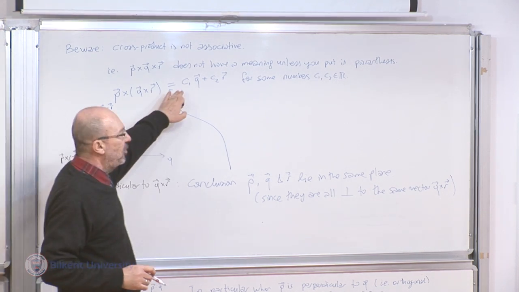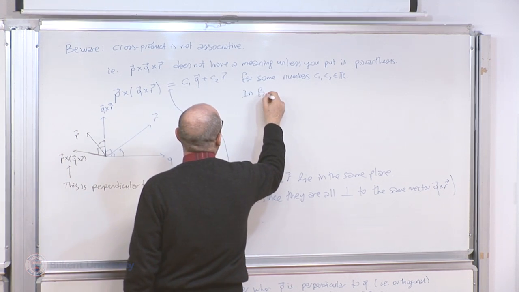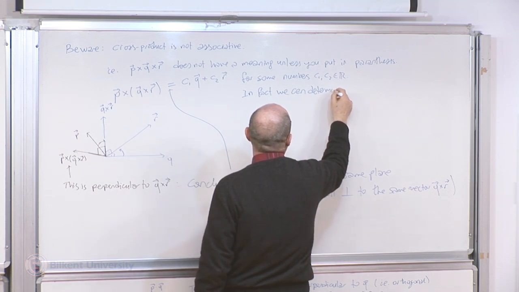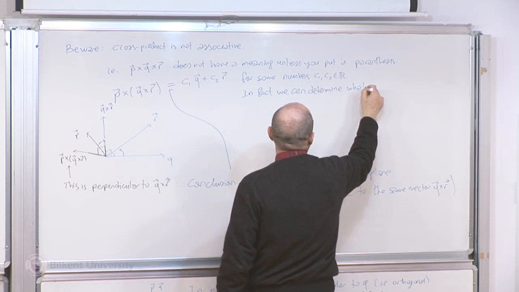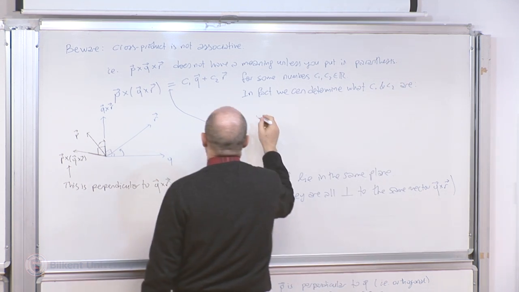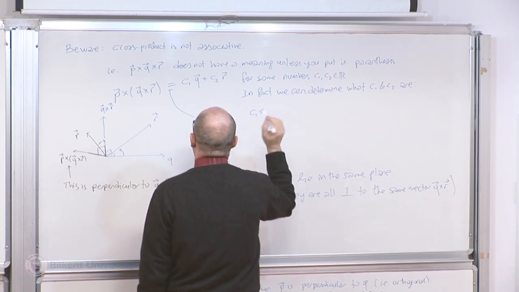And in fact, we can determine what these numbers are, what C1 and C2 are. So if I'm not mistaken, check this from the book. I'm just now lying.